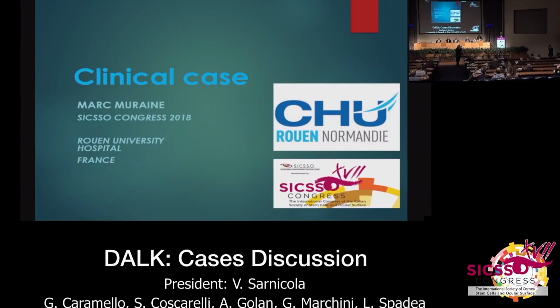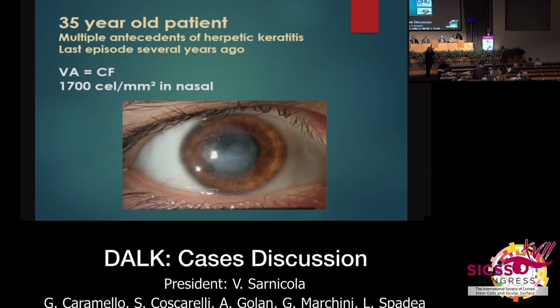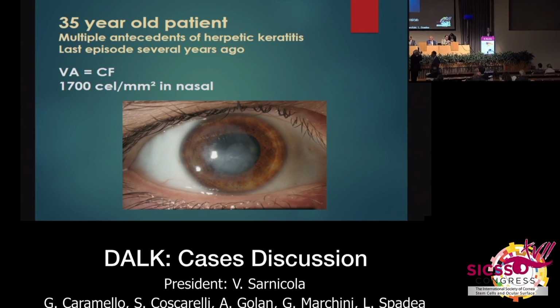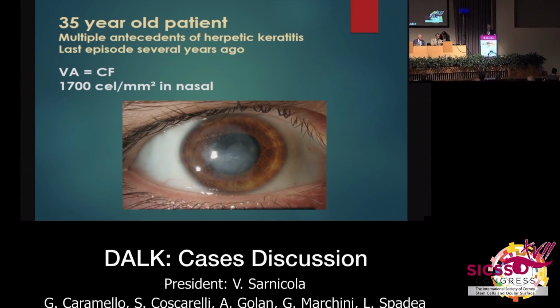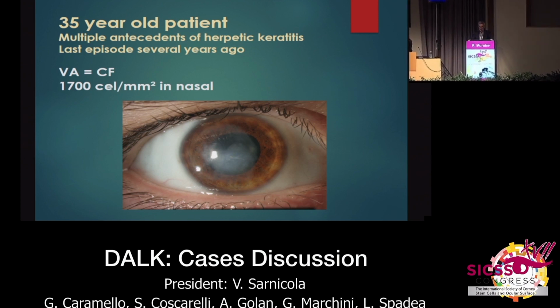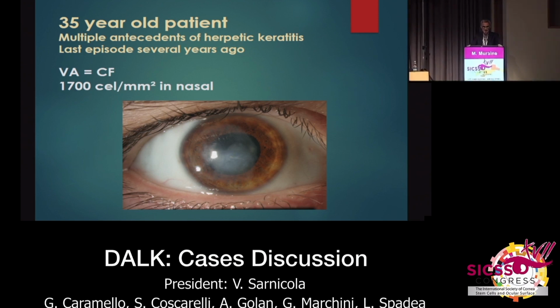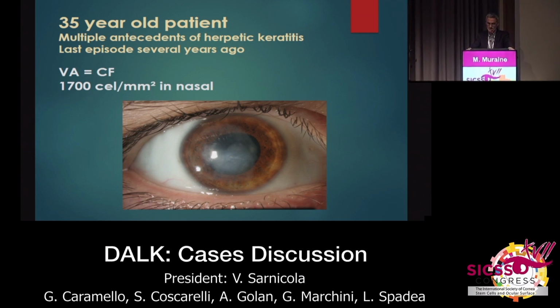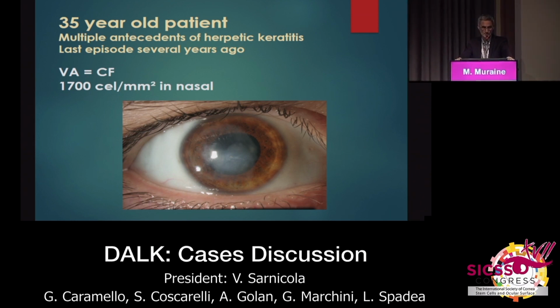So it's a pleasure to share with you this clinical case. It seems a little easy to manage because this is a 35-year-old patient. He had multiple antecedents of herpetic keratitis, and the last episode occurred several years ago.